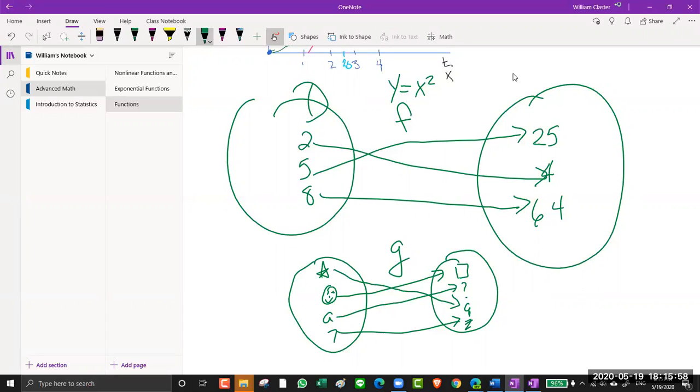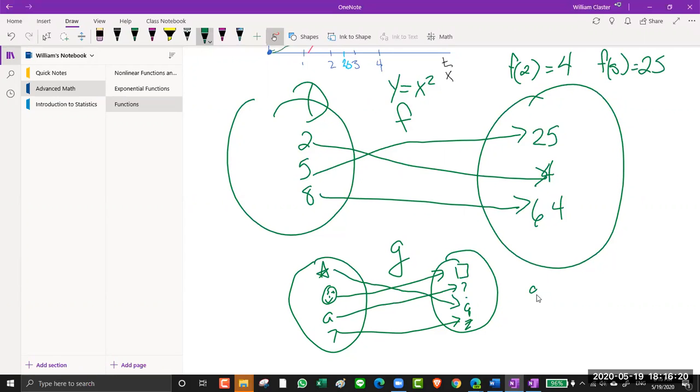Now for this picture, let's call this picture F, and let's call this picture G. And so we would write F of 2 equals what? 4, right? And F of 5 equals 25.